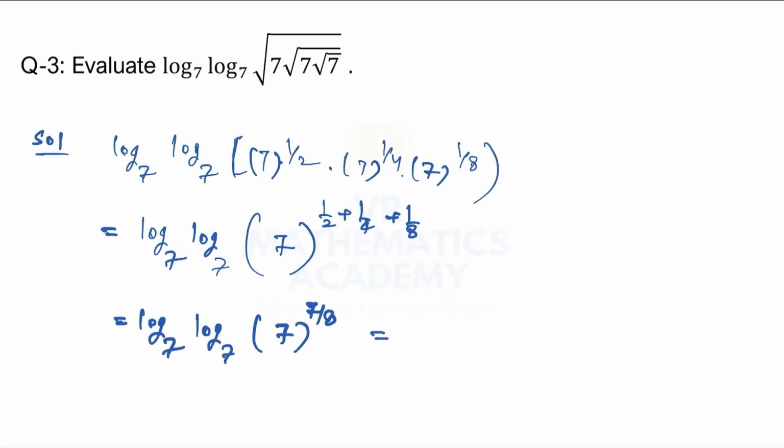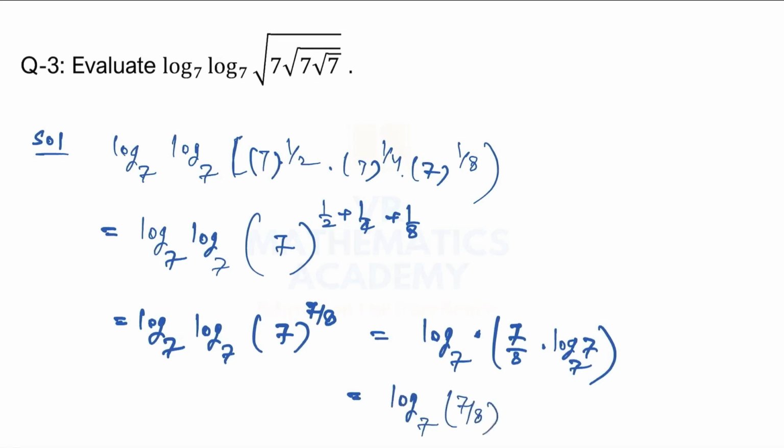So now by the law we can write down as log base 7, and by the third law we can write down 7 by 8 log of 7 base 7. So finally we write down log base 7 of 7 by 8.